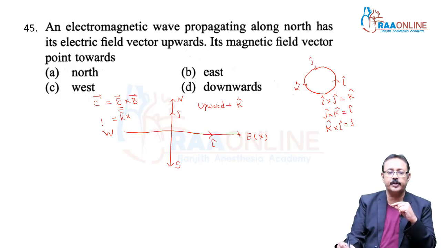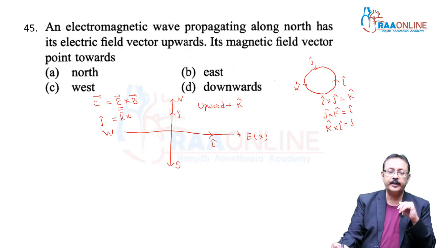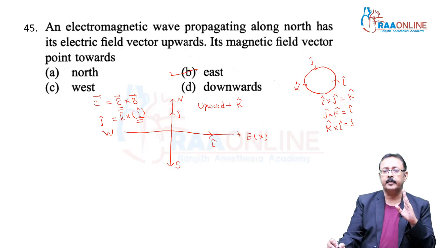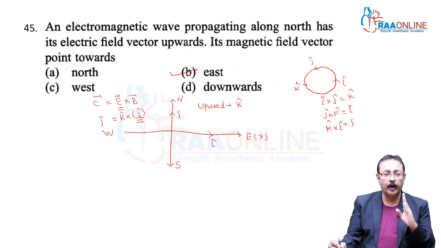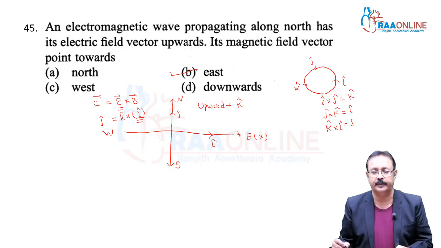This means you need j. So k cross what should give j? K cross i is equal to j. So it should be in the direction of i, means the positive direction of the x-axis, means east direction. So we will go with option B. The magnetic field vector points towards east. So 45th, we got option B.